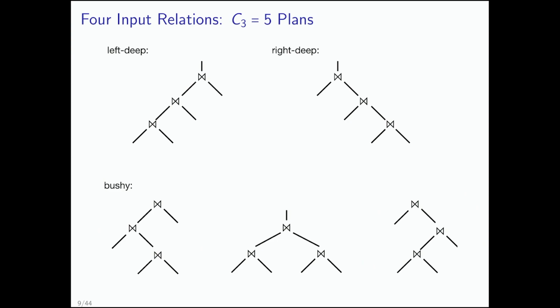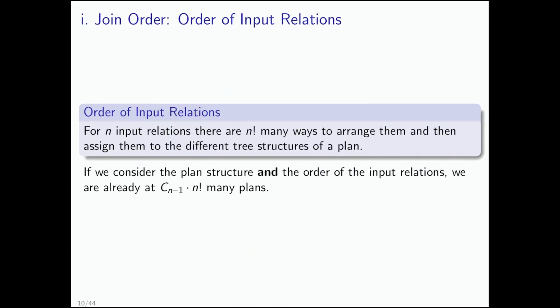But then the question is, how do I label those leaves? On which edge down here do I write which relation? If you think about it, you have 4 relations. How can you order 4 relations?